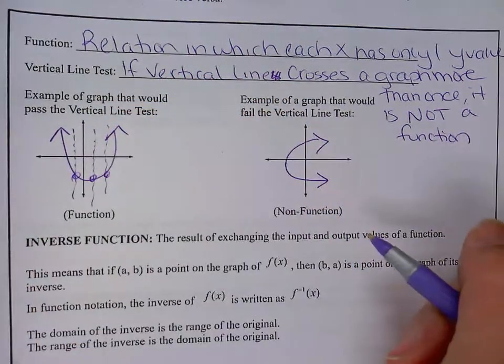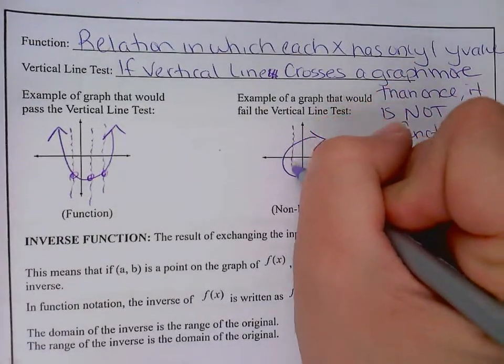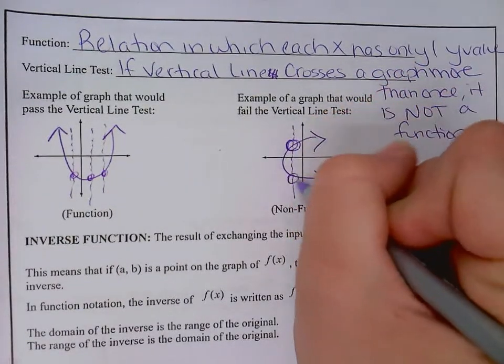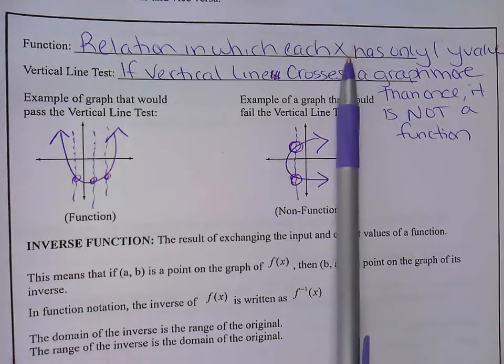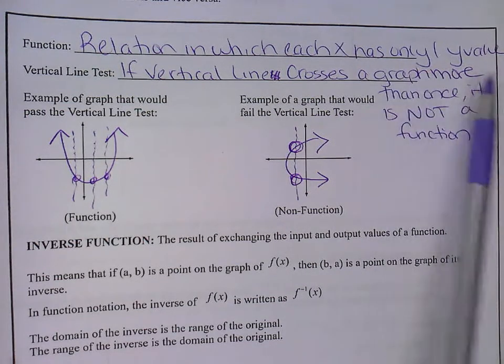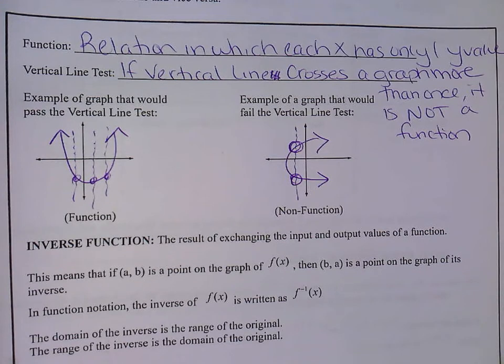But here, if I draw a vertical line, I'm crossing the graph twice with the same vertical line. It's a relation in which each x has only one y value. So maybe you spent time in Algebra 2 talking about that, but most likely you didn't.